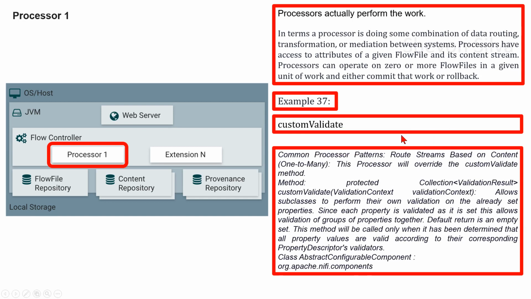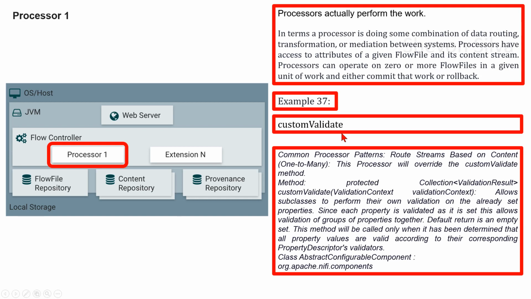Now we are considering route streams based on content one-to-many common processor patterns. This processor will override the customValidate method. The method protected Collection<ValidationResult> customValidate(ValidationContext) allows subclasses to perform their own validation on the already set properties.